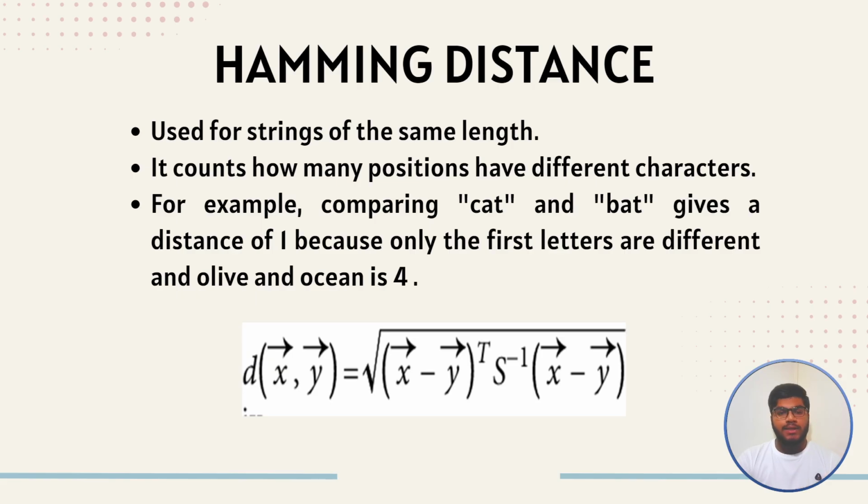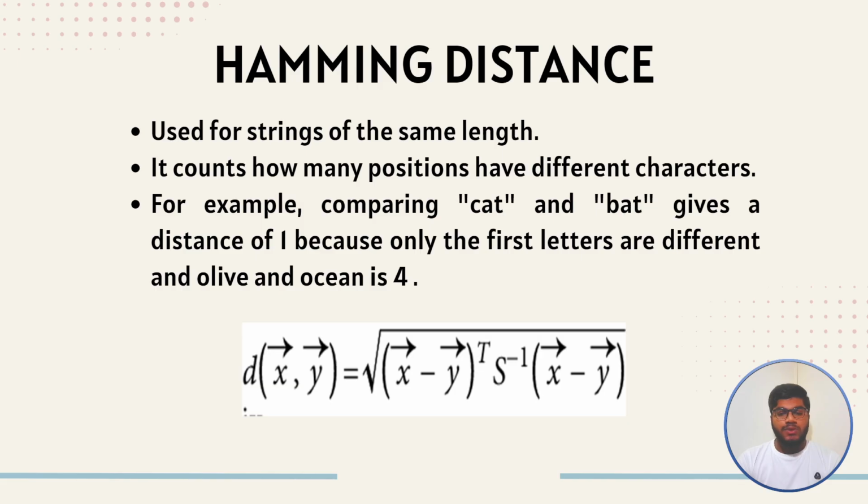And also let us take an example of olive and ocean. It gives 4, because O is the only same letter, the remaining 4 letters are different, so it gives the distance as 4.